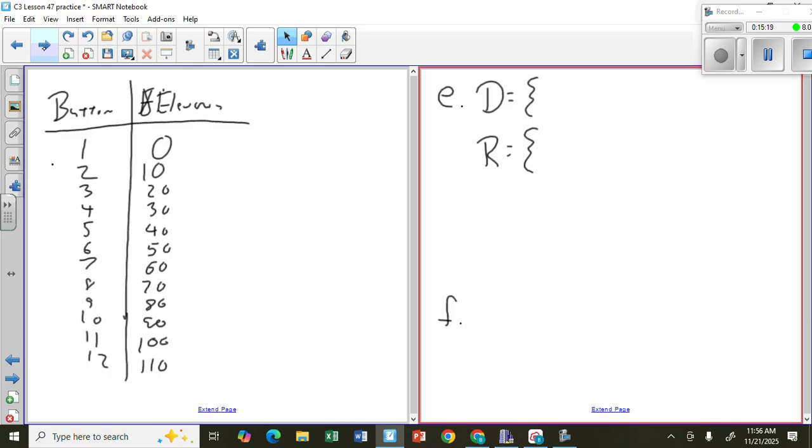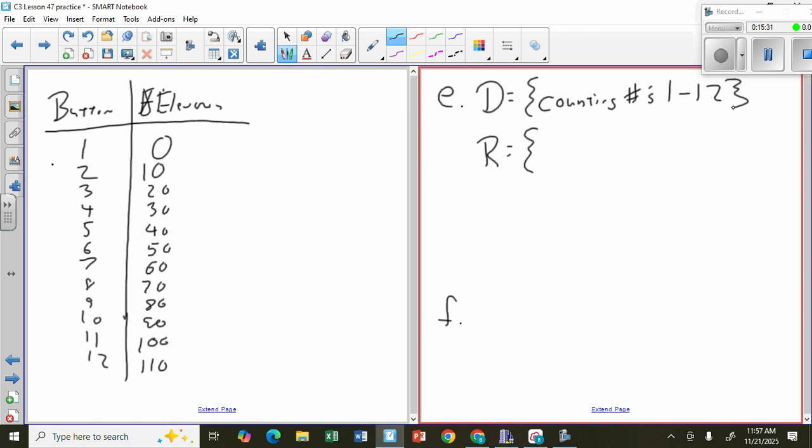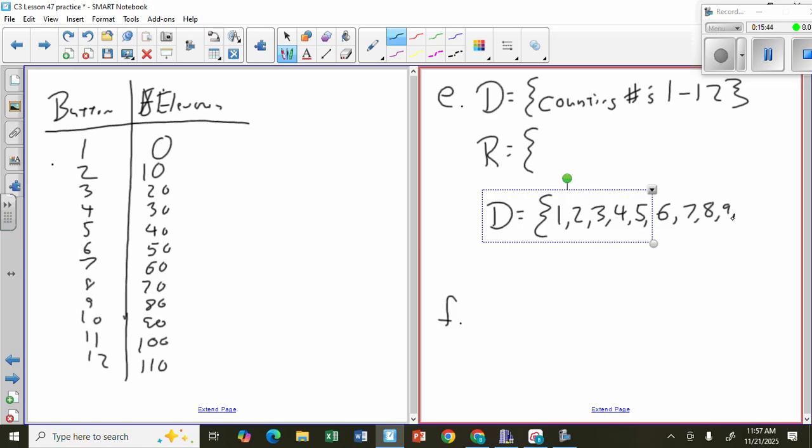So my domain are all of, you could say the counting numbers 1 through 12. You could say the domain is 1, 2, 3, 4, 5, 6, 7, 8, 9, 10, 11, 12. Make sure you put it in set notation.